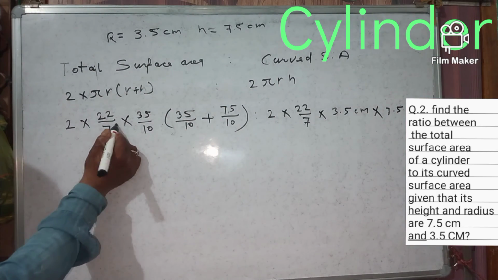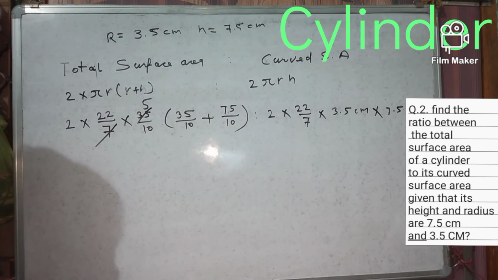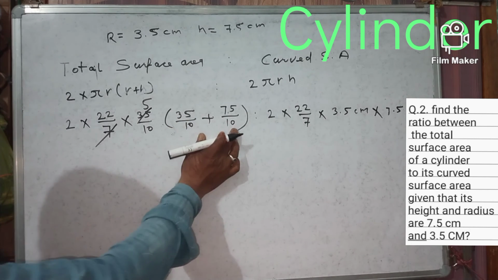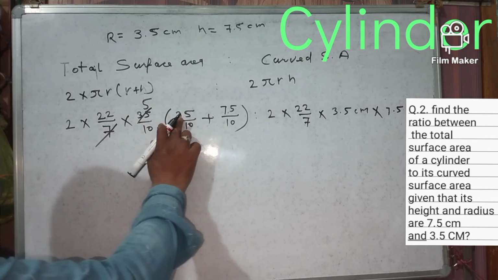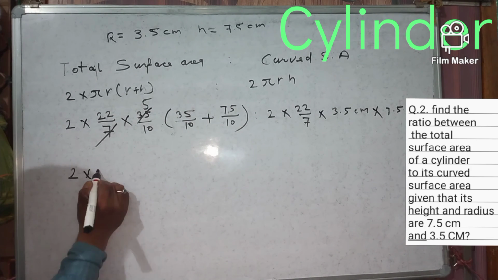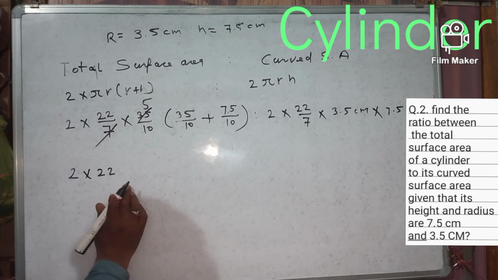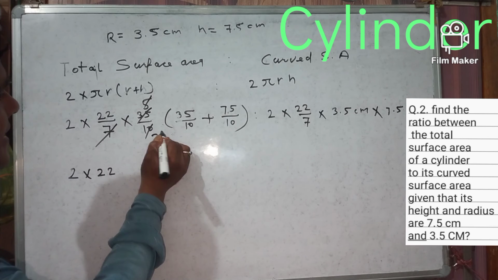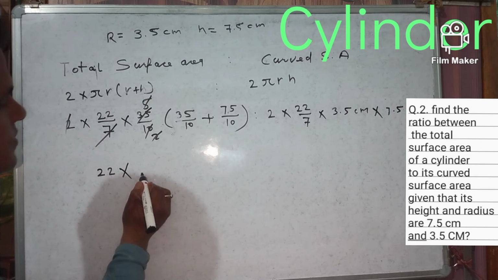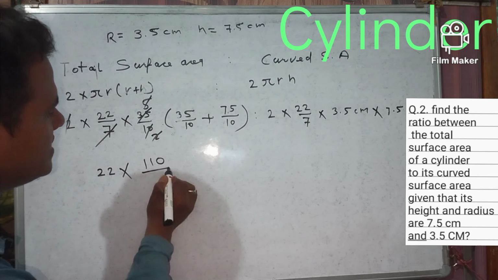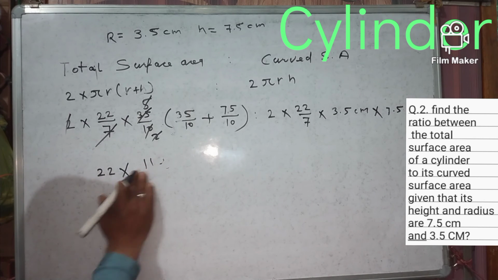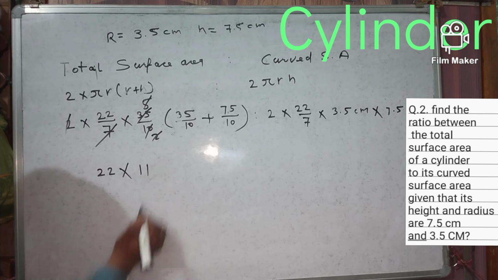So now see, 10 and 10 is common. 35 plus 75 will be 110. 2 into 22, now 5 and 10 and 2 cancel, so only 22 into 110 by 10, so it will be cancelled, so only 22 into 11.